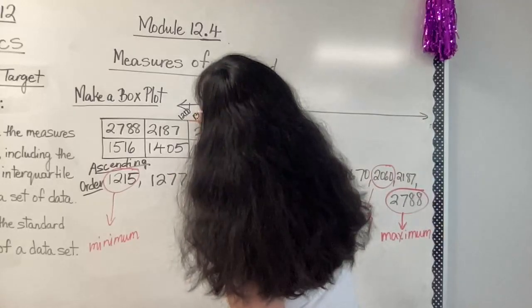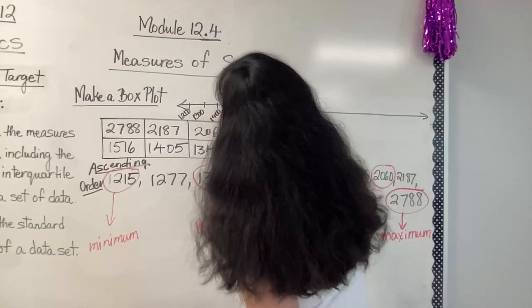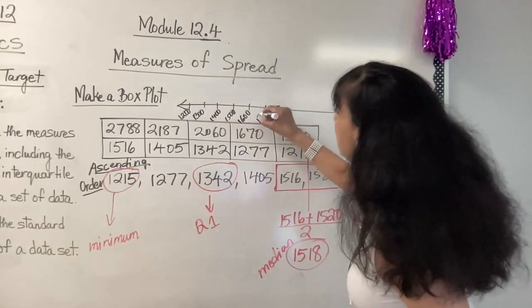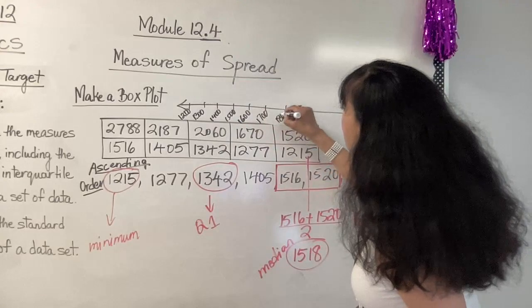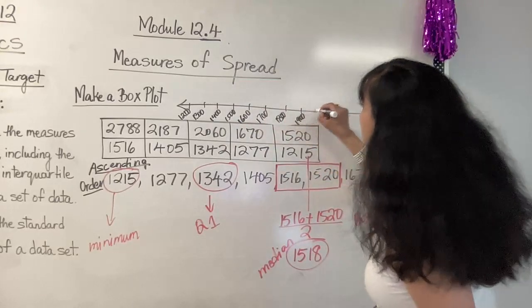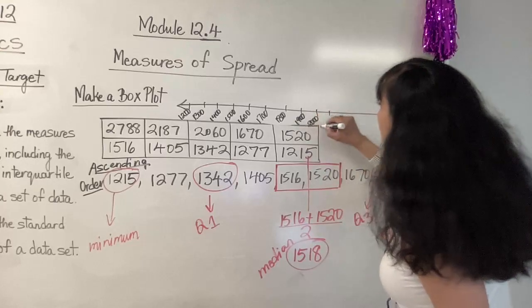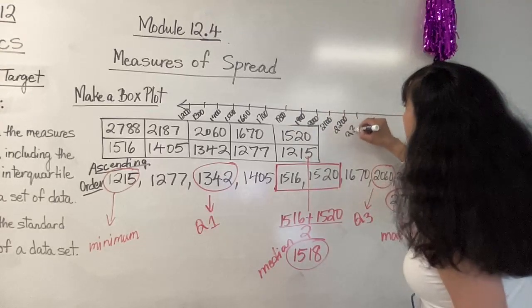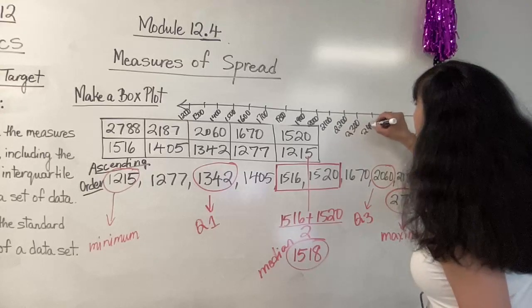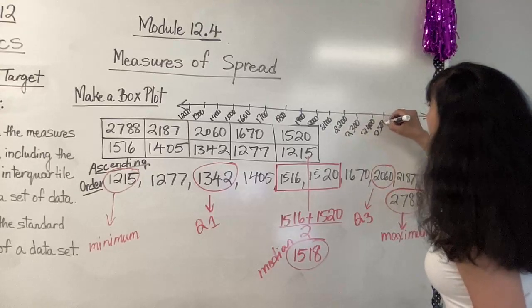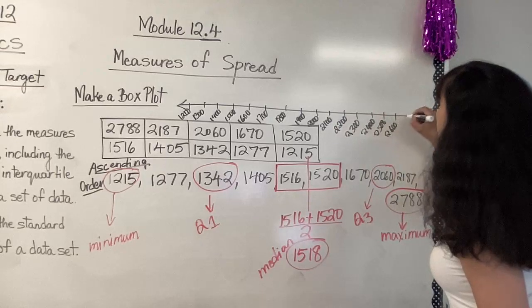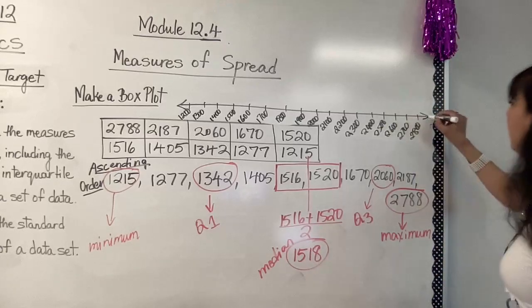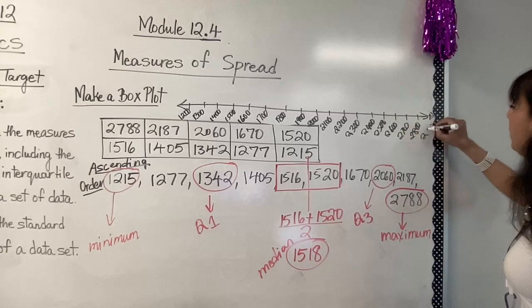So 12, 13, 14, 15, 16, 17, 18, 19, 2000, 2100, 2200, 2300, 2400, 2500, 26, 27, 28, and this is going to be 2900.